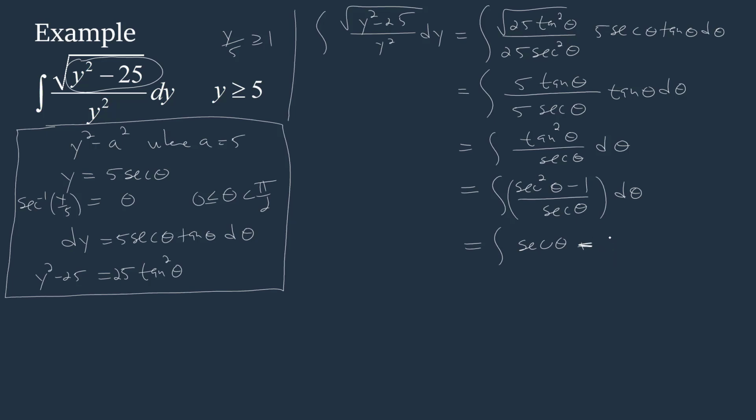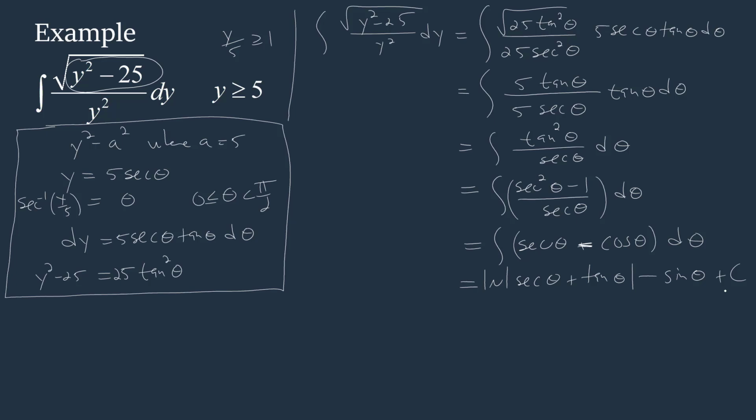But 1 over secant is just cosine, so I'll skip that little simplification step, d theta. And now we can easily integrate each of those pieces. That will be equal to the antiderivative of secant, which is natural log absolute value of secant of theta plus tangent of theta, minus the antiderivative of cosine, which is sine of theta, plus c.